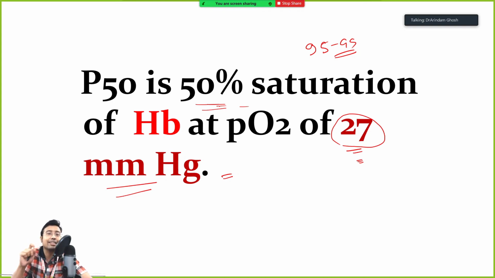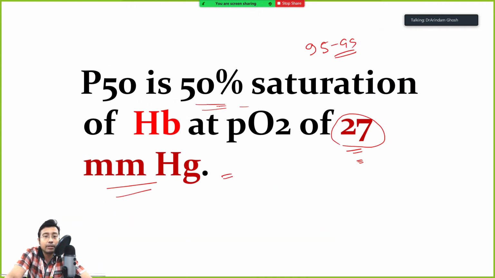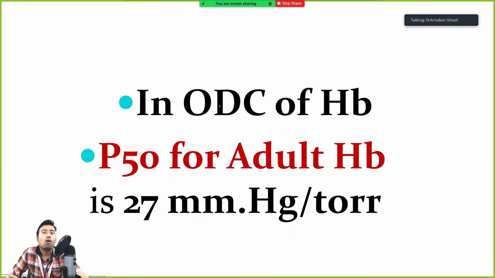because for every sigmoid curve, we need a P50. So 50% saturation is this one. It is the constant, the partial pressure of oxygen at which hemoglobin is 50% saturated. So what is the oxygen concentration? It is 27 millimeter of mercury, or torr.